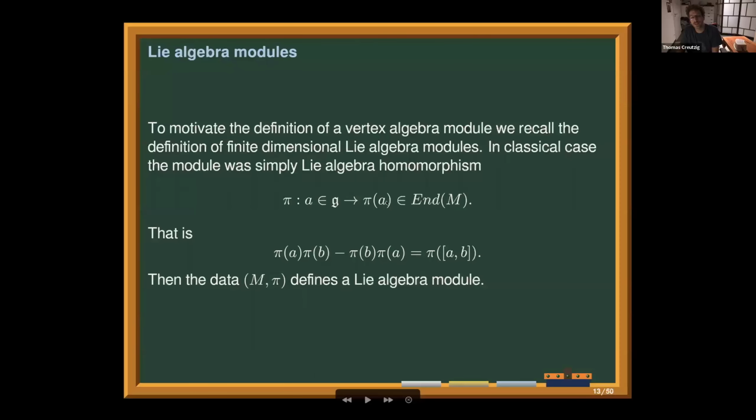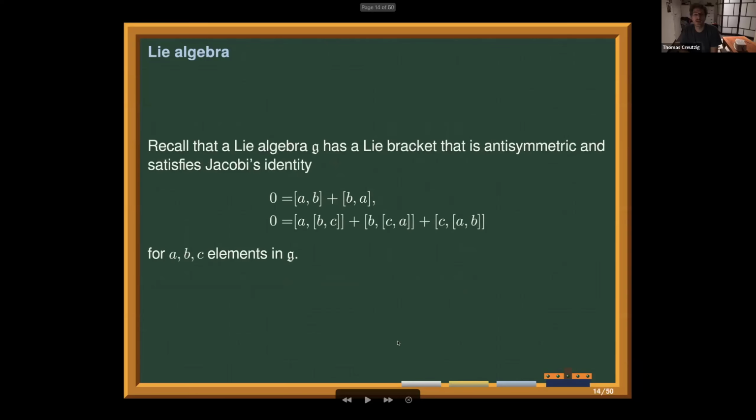So here at the right-hand side, linear maps, if you fix a basis, you can and should think about it as matrices. So that means you can take the product of matrices and the commutator of matrices, and being a representation of a Lie algebra means that this map pi respects the commutator in the sense of this formula. Okay, and now for a Lie algebra itself, how is it defined?